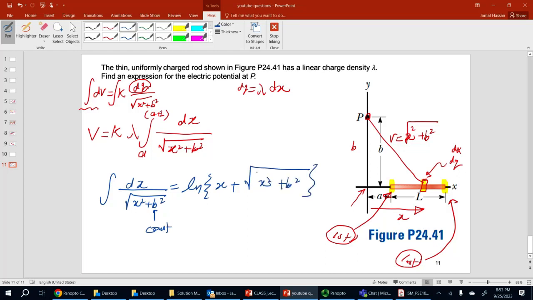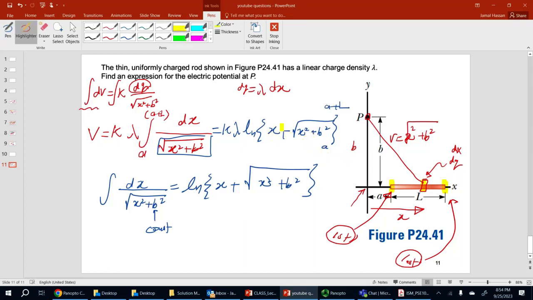So the answer is k lambda ln of x plus the square root of x squared plus b squared, with limits from a to a plus l. So what do you do?